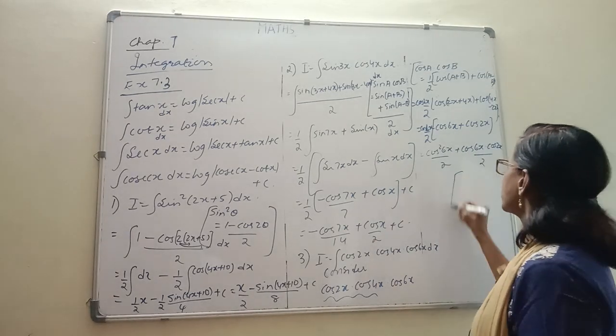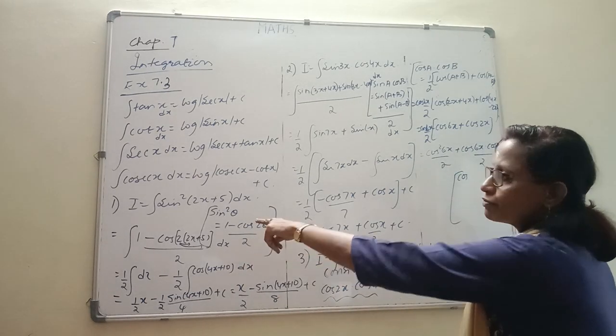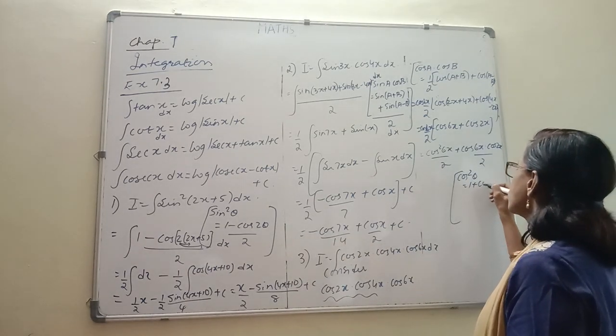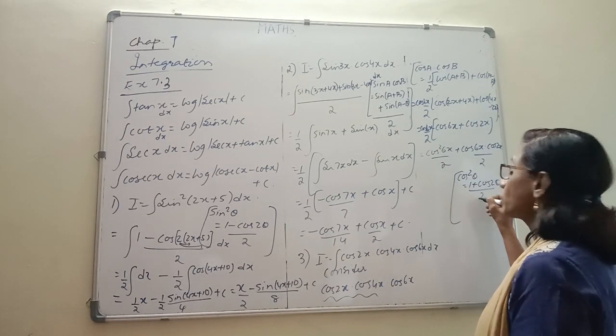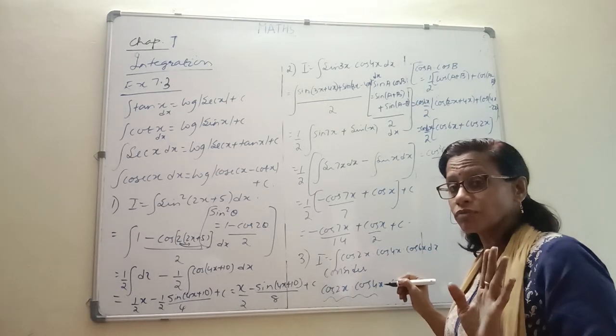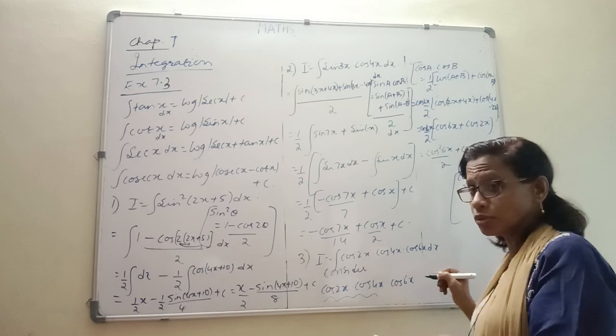Now what formula are you going to apply? For cos squared theta, as we did for sin squared theta, the formula says it is 1 plus cos 2 theta over 2. We are not happy with the square because we don't know the integral of the square, so to remove it we use that formula.